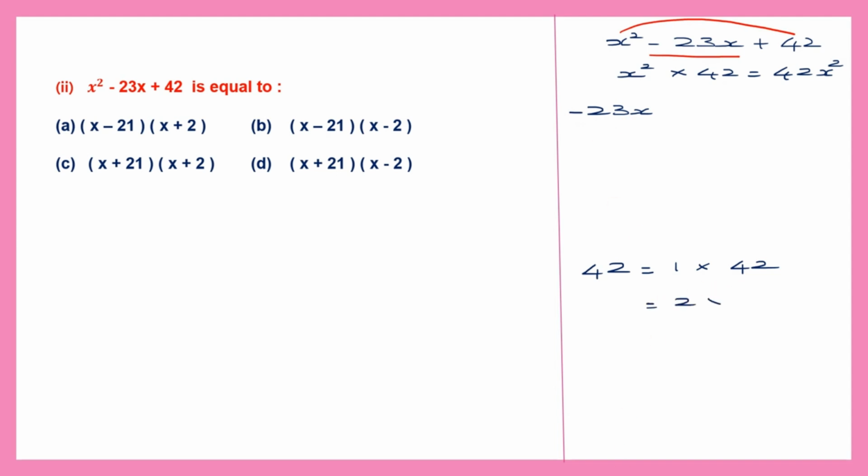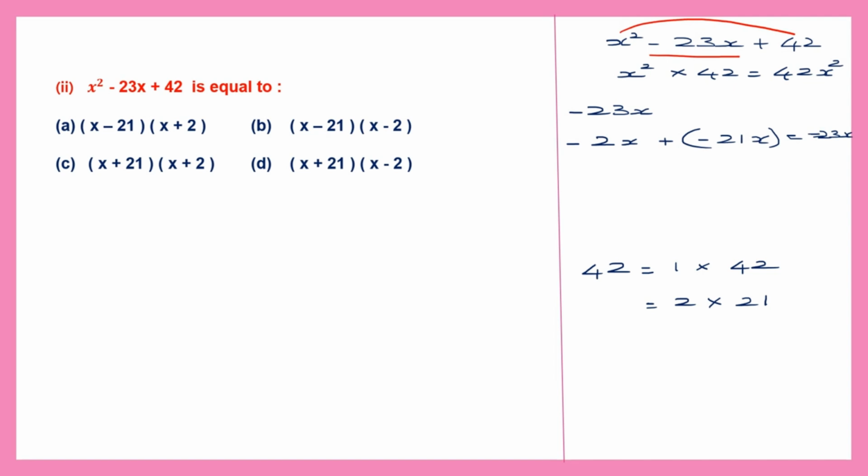So 2 into 21 is also 42. So that works for this, 2 into 21. But here 2 plus 21 will give us 23. But here we have a minus sign. So how do we get this one to give us minus 23? If we say minus 2x plus minus 21x, that will give us minus 23x.